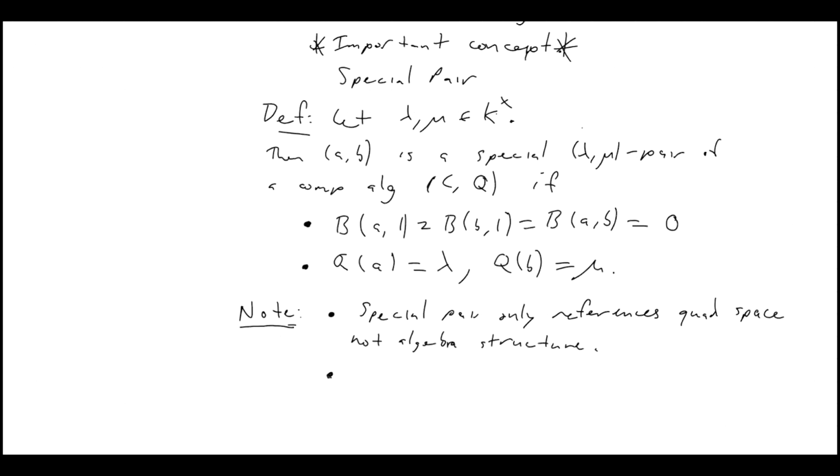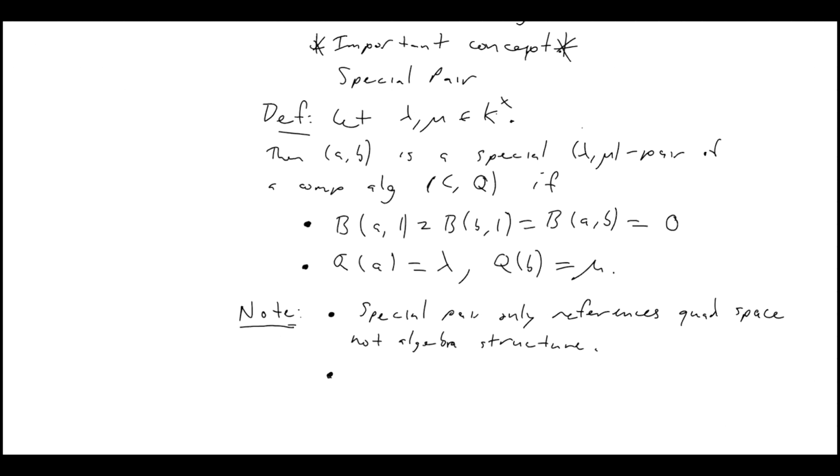The second thing I want to highlight is that, and one has to do a little calculation for this, if you look at the subalgebra generated by a special pair, this will be a quaternion subalgebra that comes with a basis derived from the special pair.